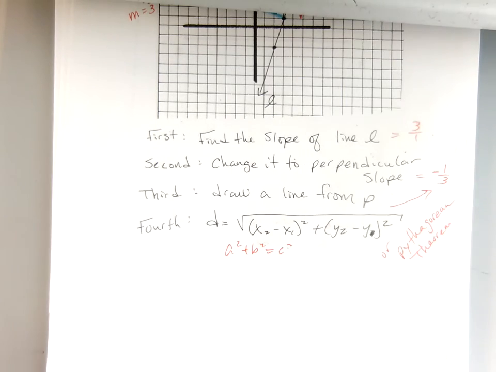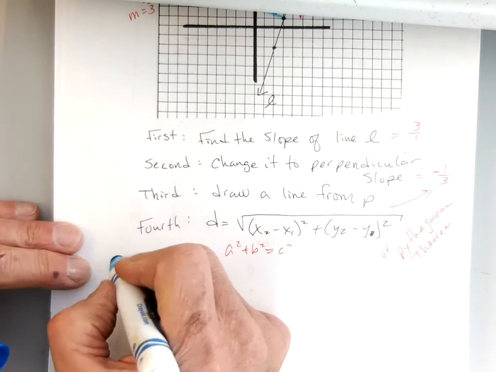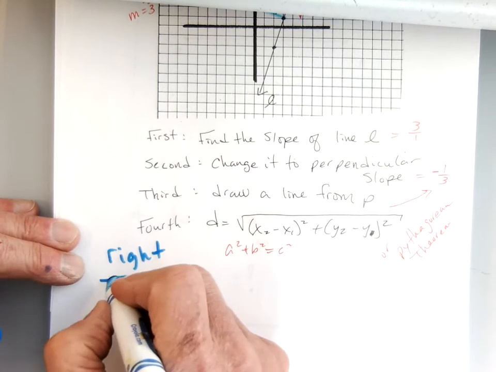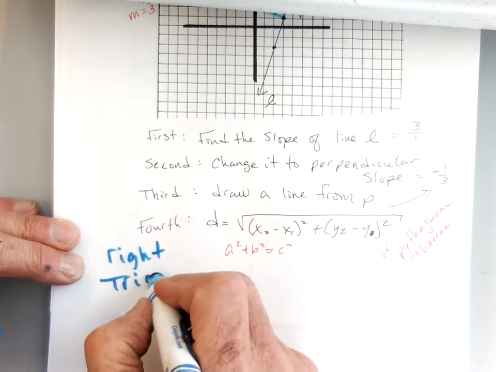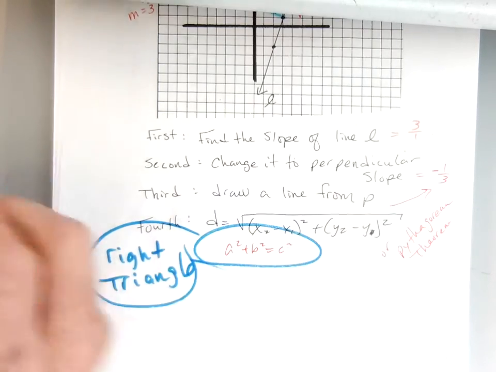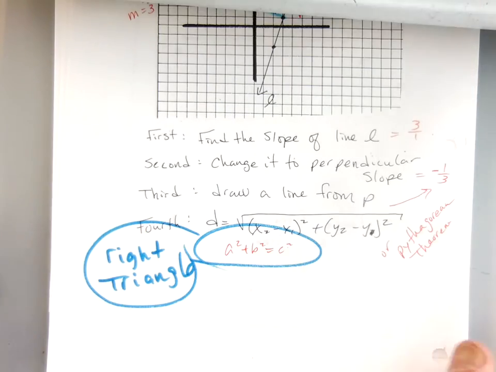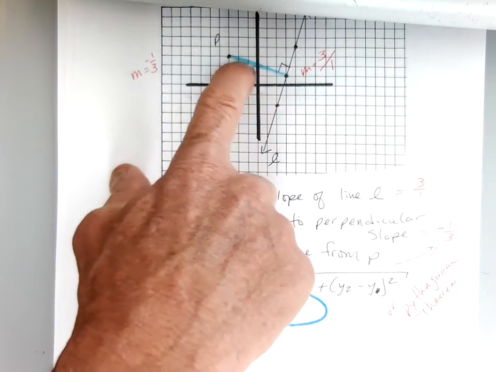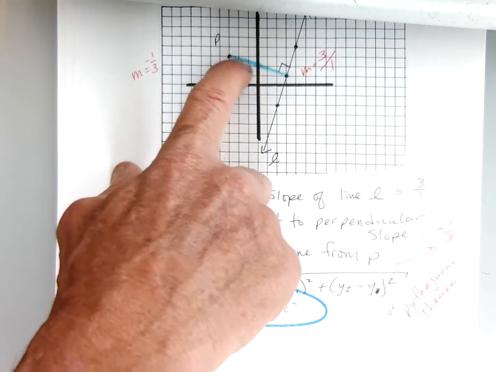So the key to the Pythagoras theorem is you have to have a right triangle. This does not work unless you have a right triangle. Well, this line in blue would be the diagonal or the hypotenuse of a right triangle.